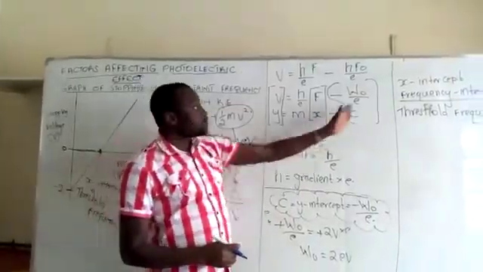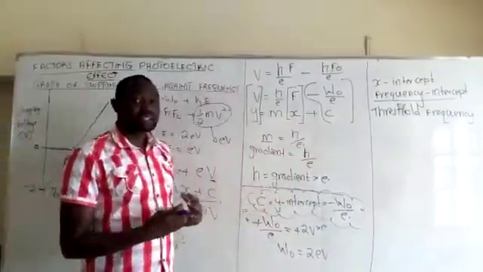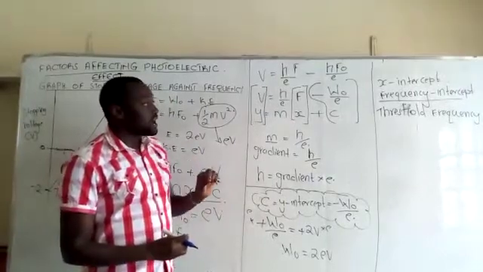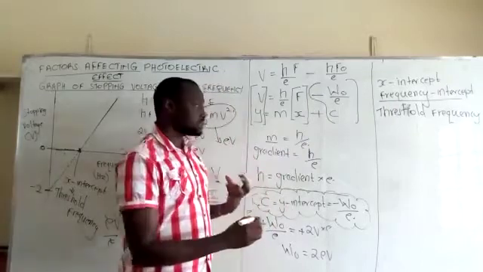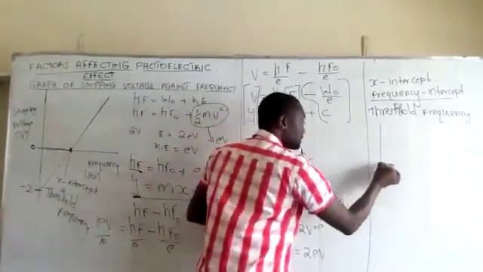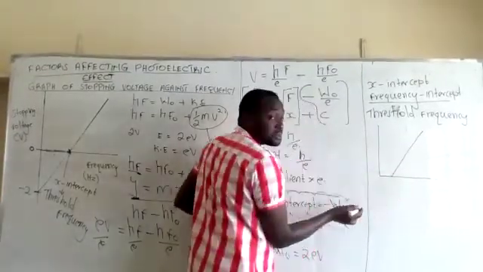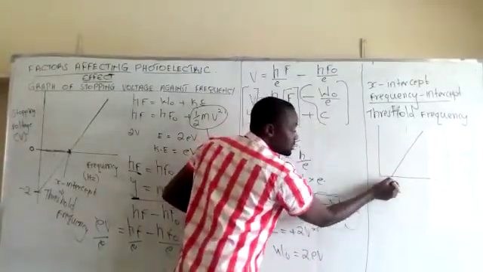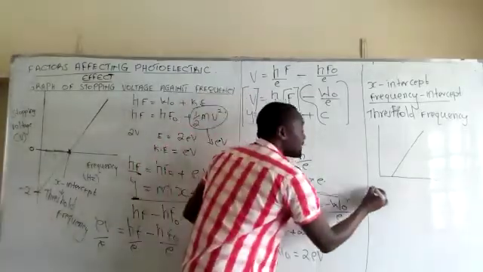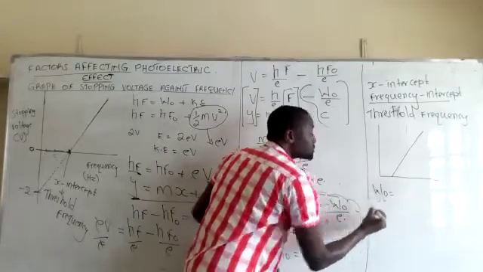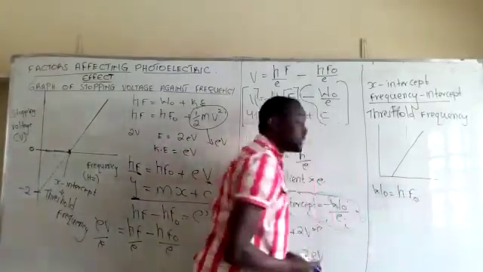Then we have the x-intercept, where the graph cuts the frequency axis. The value there gives us the threshold frequency. I want you to note, if we have a graph where we don't have the axis to get the y-intercept, we'll still get the work function, because the work function is Planck's constant times threshold frequency.